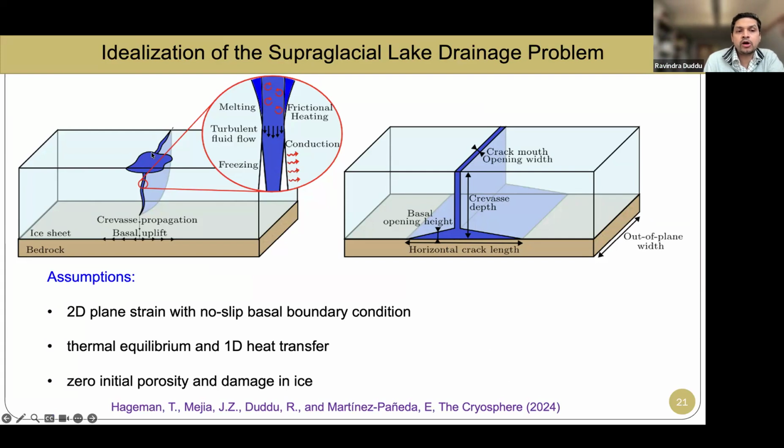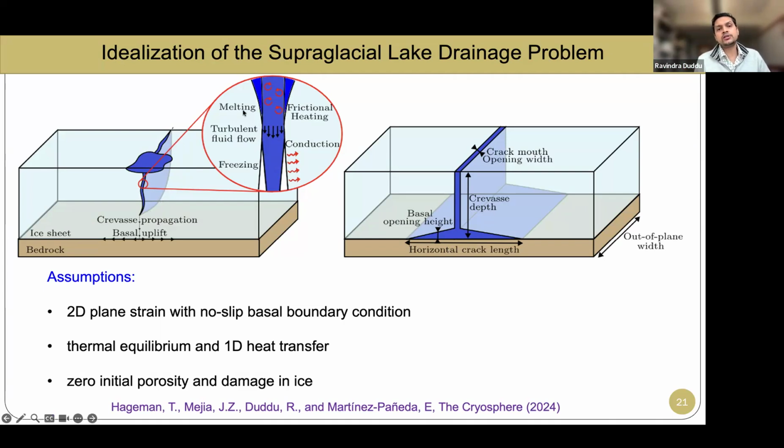where we took the original complexity of a lake having a complex shape, not necessarily a circle or anything like that, and also the crevasses having elliptical shapes as they propagate from the surface to the bottom. Too complicated.